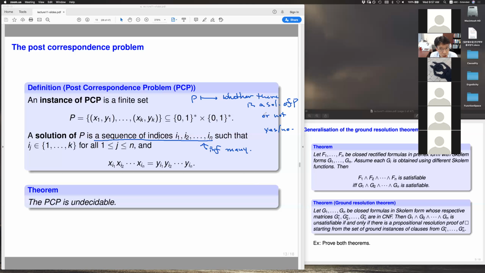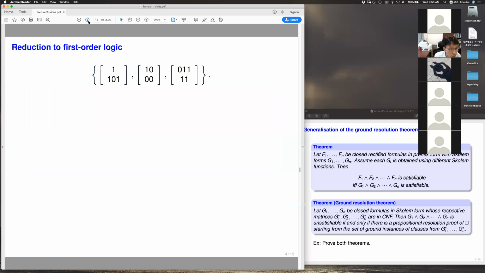That's the decision version of the PCP problem. And it's known that this decision version of PCP is undecidable. Okay. So now what I want you to do is to use this decision version of the PCP problem to show that the validity of first order logic is undecidable.